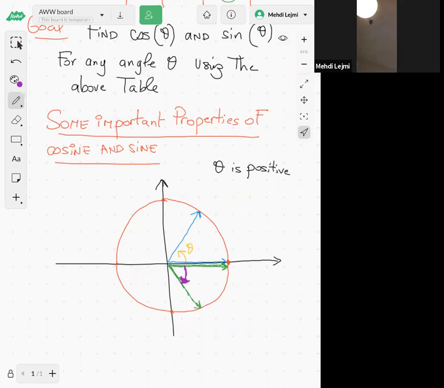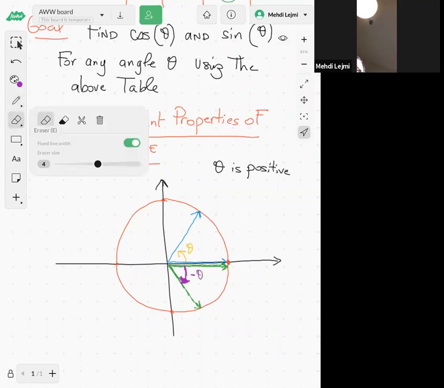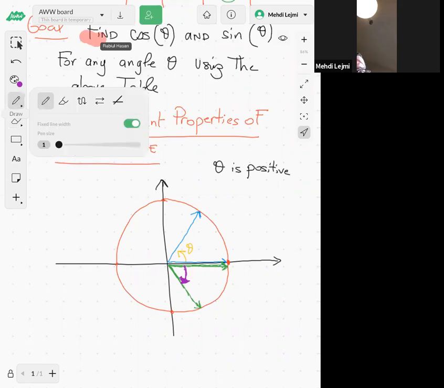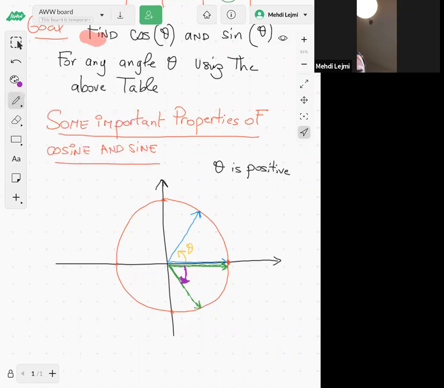So this is minus theta. Again, guys, the difference between the two angles is that one is clockwise and the other one is counterclockwise. They're supposed to be the same angle, it's just they have different rotation.